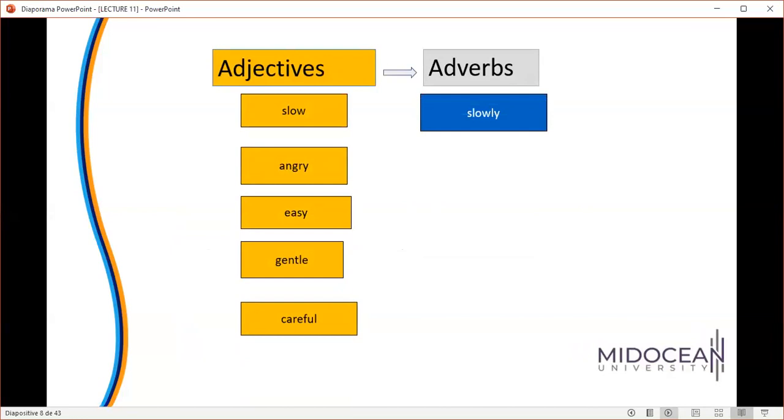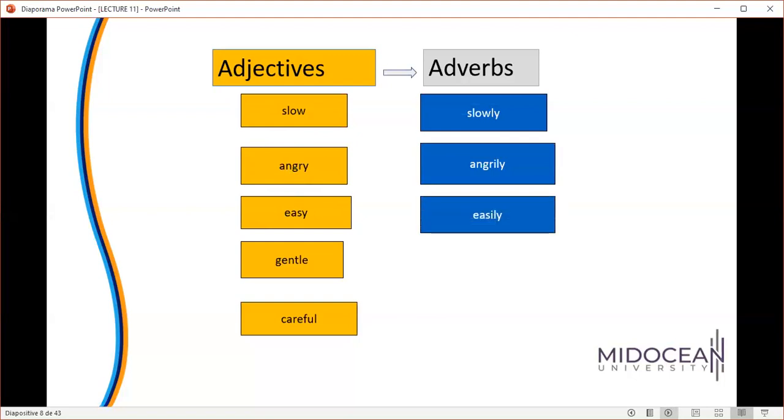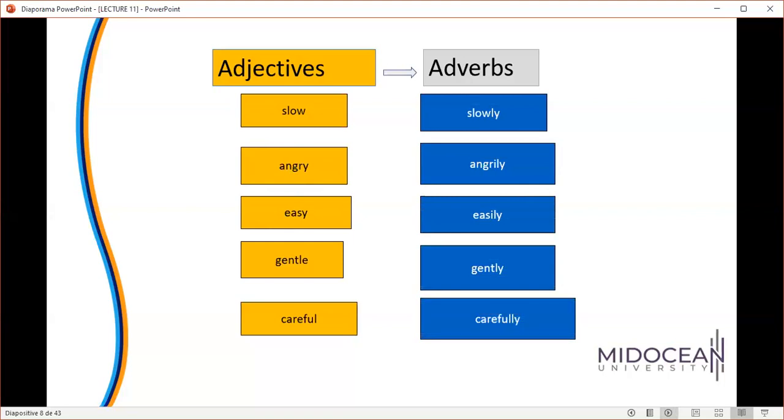Okay, so here you have the adjective slow, adverb slowly; angry, adverb angrily; angry, c'est-à-dire fâché; easy, facile, so the adverb easily; gentle, gentil, gently; careful, okay, and the adverb is carefully.